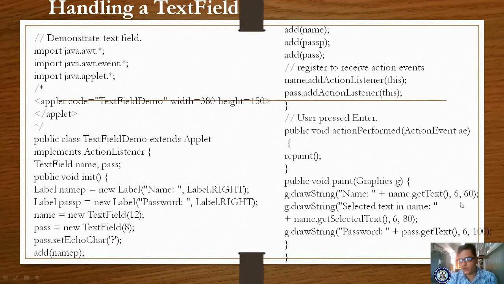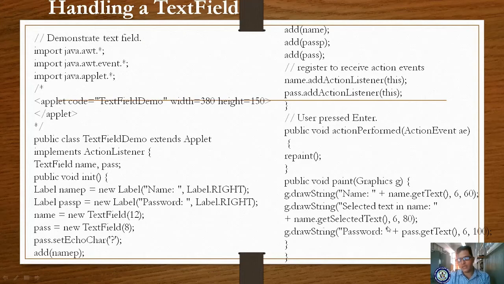You are displaying at 6 and 60, the x and y coordinate positions. Next, g dot drawString selected text in name. Under your name text field, your text box, you are selecting some content. Whatever content you have selected should be displayed at 6,80.